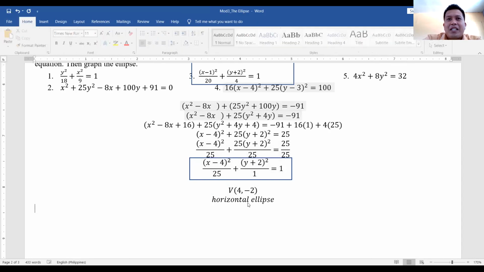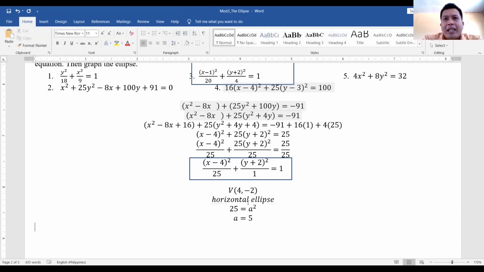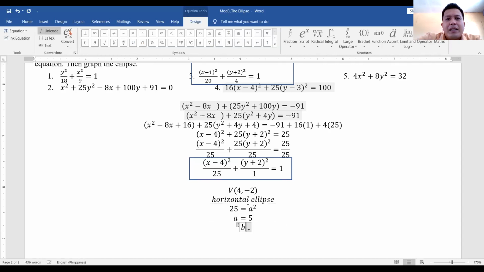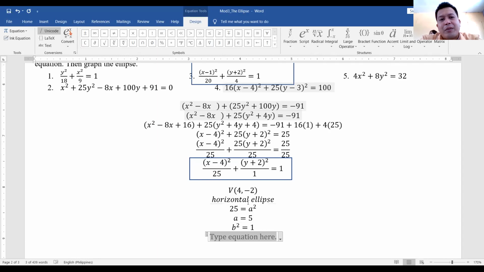From that illustration, we have 25 equals A squared. So A is equal to the square root of 25, which is 5. Similarly, B squared is equal to 1, as the value indicated in the second term. The square root of B squared is B and the square root of 1 is 1, therefore B is equal to 1.